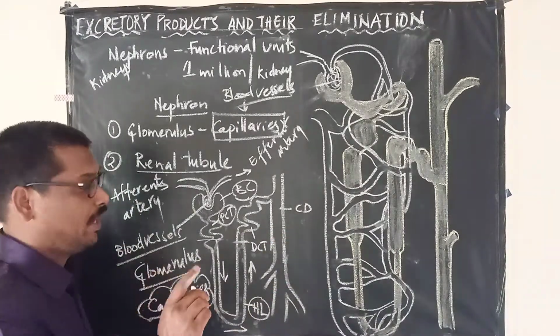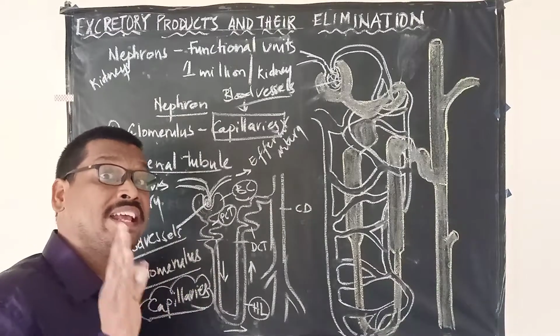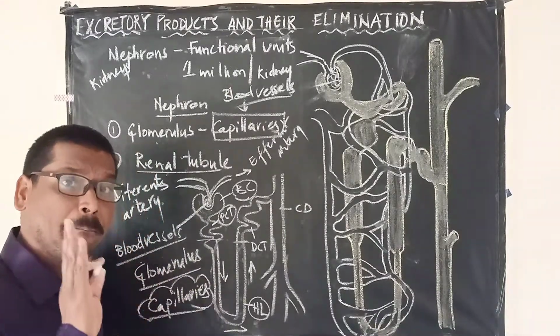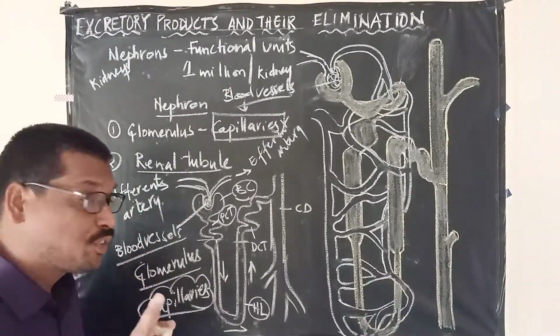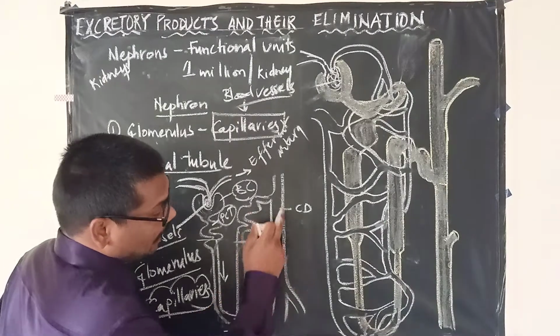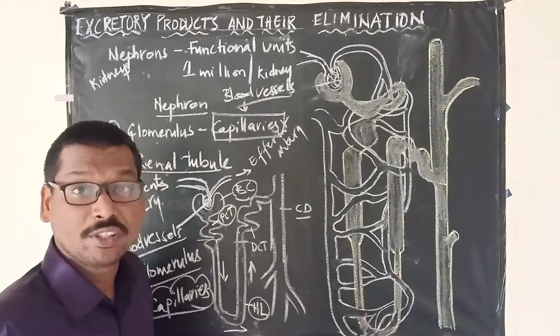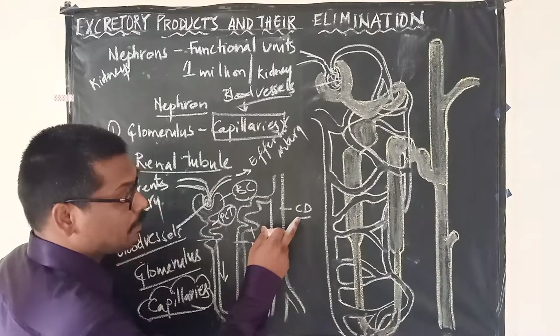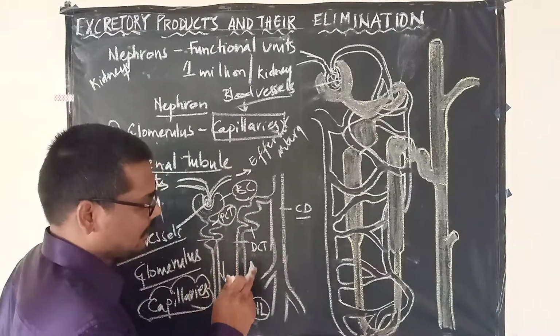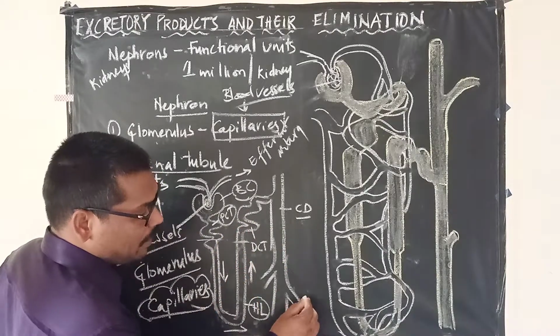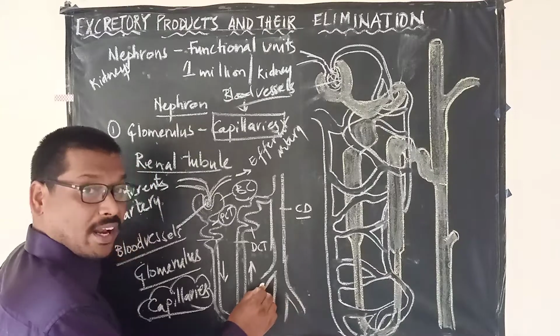Remember one point: there will be many nephrons connected to the collecting duct. Here there may be another nephron, and here another.